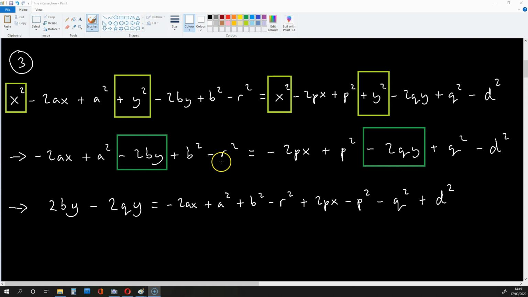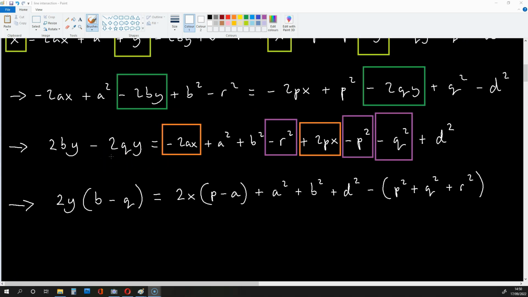So what we end up with is plus 2by minus 2qy is equal to this expression over here. What we've seen is the elements p squared, q squared, and minus d squared becoming minus p squared minus q squared plus d squared, okay? So when we are sending these other elements to the other side, we change the operations, okay?